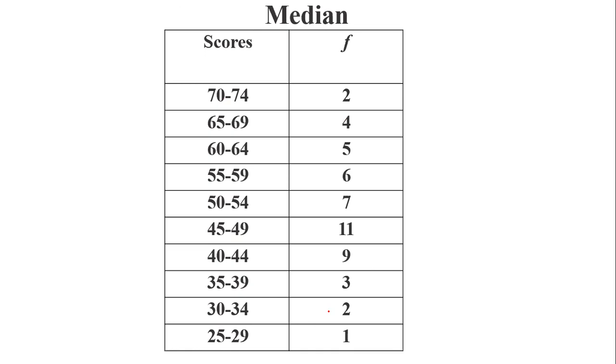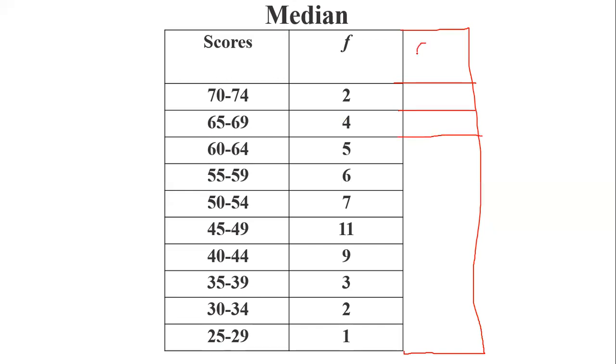Then you introduce another column, and this column is called CF, cumulative frequency. This column will assist us to get the cumulative frequency of this data. So we start from the least to the highest.